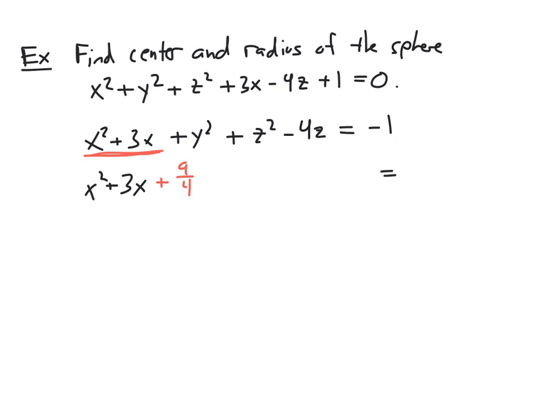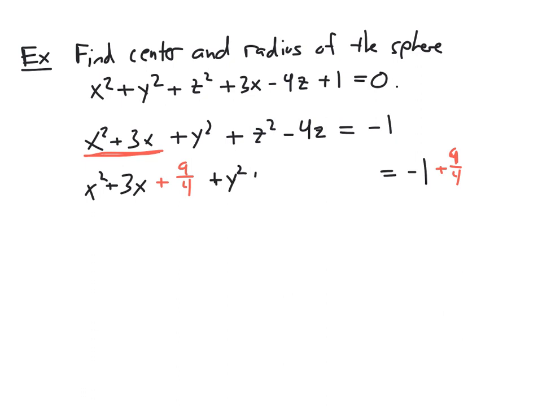And on the other side over here, I'm also going to add 9/4. So right now, this equation hasn't changed. We've just added some number to both sides of it, and that's okay. The y term, as it is, there's no other y terms. It's just y squared. So we're not going to do anything with the y term, because we already have y squared. We already have a perfect square.